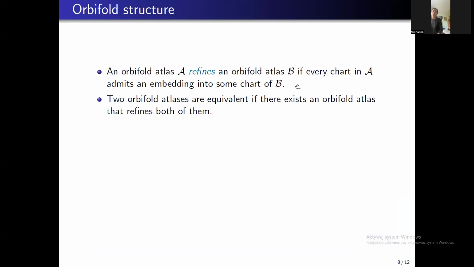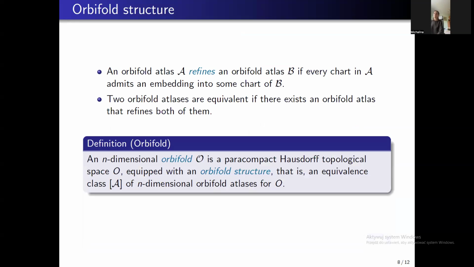We also need to say that an orbifold atlas A will refine an orbifold atlas B if every chart in A will admit some embedding into some chart of B. And then we say that two orbifold atlases will be equivalent if there exists an orbifold atlas that will refine both of them. And now we can say what is the whole orbifold.